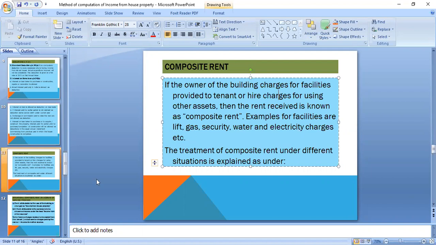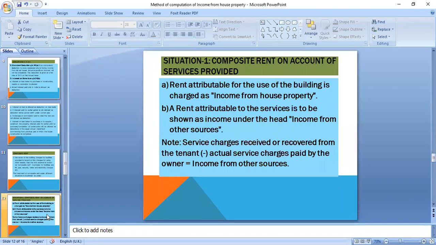So when there is a composite rent, there are three situations. First, composite rent on account of services provided. The rent you are attributing to letting out the house is called income from house property.